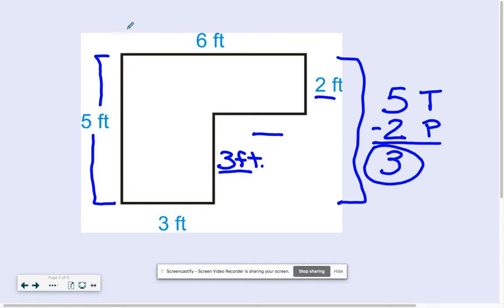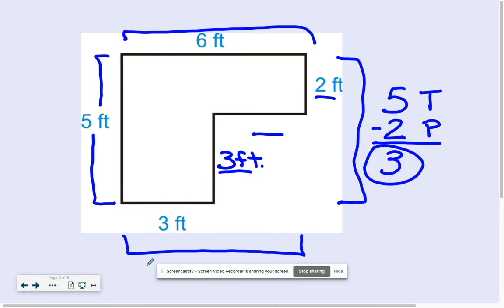Now I can find the top and the bottom the same way. On top, we know that all the way across is 6 feet. 6 feet is my total. So all the way across the bottom, it needs to be 6 feet, which is my total, minus 3 feet, which is the part, to get me a total of 3 feet, which is the missing part.